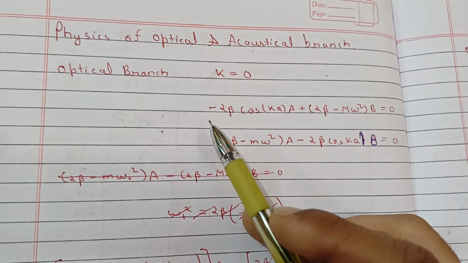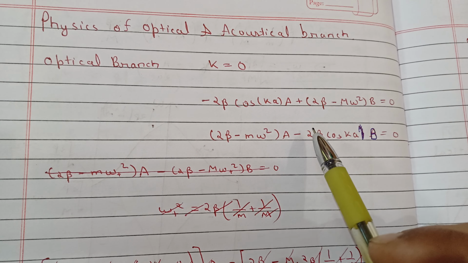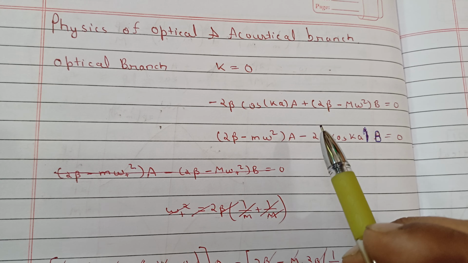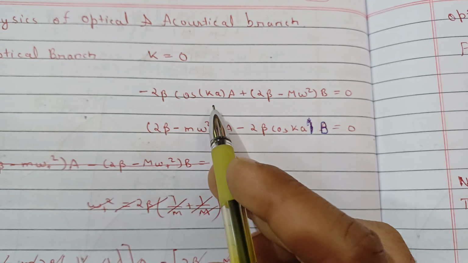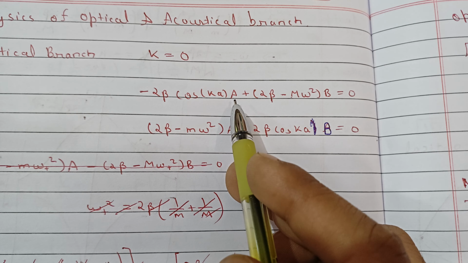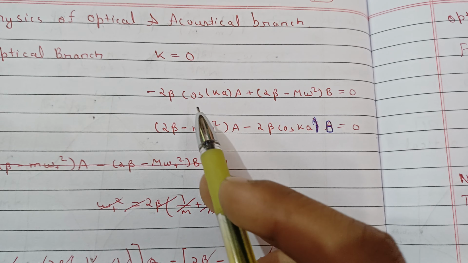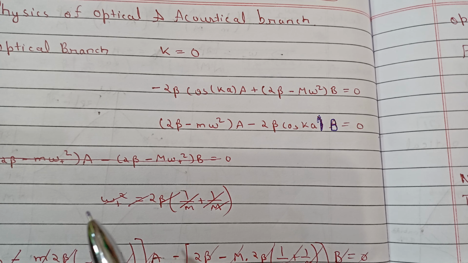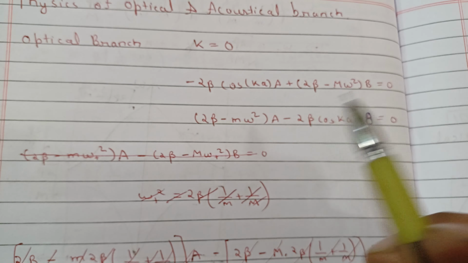Now we derived these two equations for the diatomic lattice vibration, and we get this type of equation. Here a is nothing but the amplitude of small m, and b is the amplitude of capital M, and from here we get that matrix and the determinant we calculated, and we get the dispersion relation from these equations.